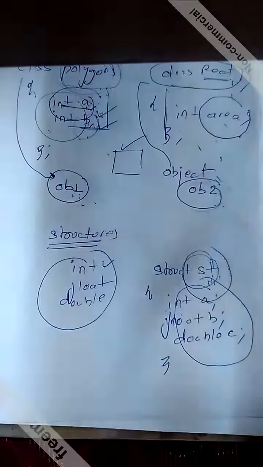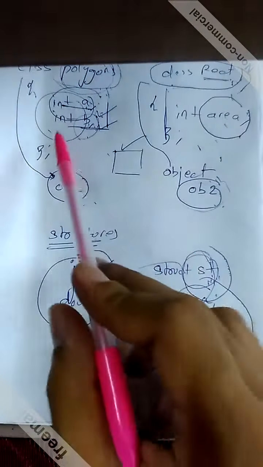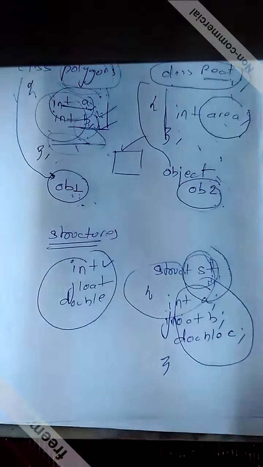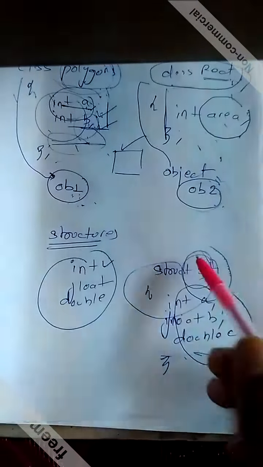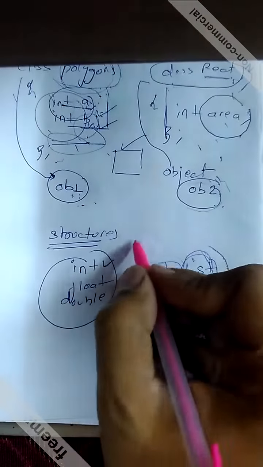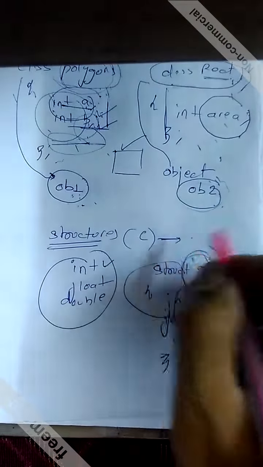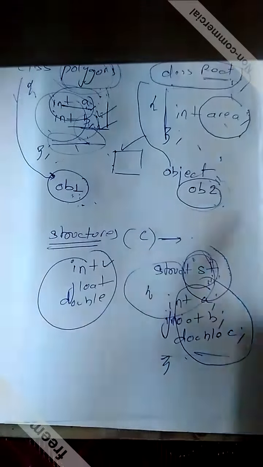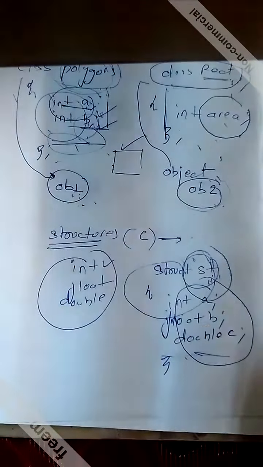But there is a difference between a structure and a class. In a class you can define functions within the class. Basically a function can be a member of a class, but we cannot define functions in structures. This is because C is a procedural language, and C++ is not a procedural language, it is an object oriented language.